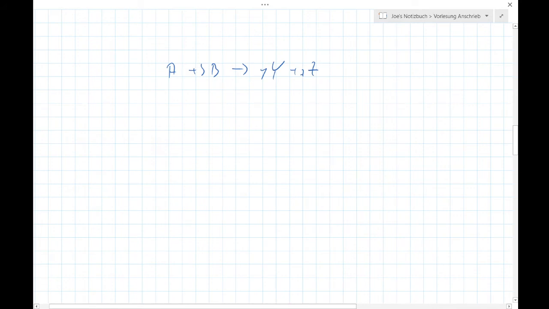If we set up an unsteady state mass balance for this system, we have the change of the mass versus time is the mass which goes in minus the mass which goes out plus the mass which is being generated minus the mass which is being consumed. So this is our general mass balance.